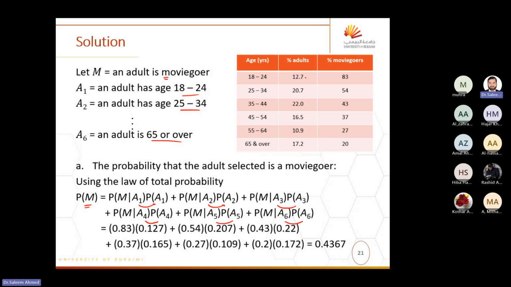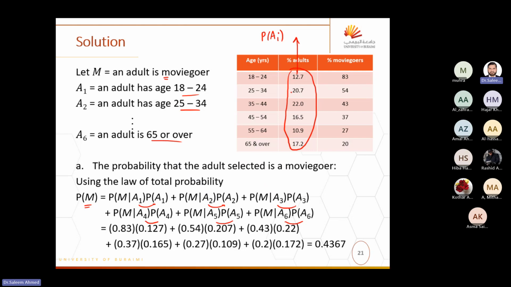Now these are the probabilities of AI. The first column gives you the probability of AIs, because this is the probability of age group 1. This is the percentage, so probability will be divided by 100. So you will divide: for example, probability of A1 will be 0.127.